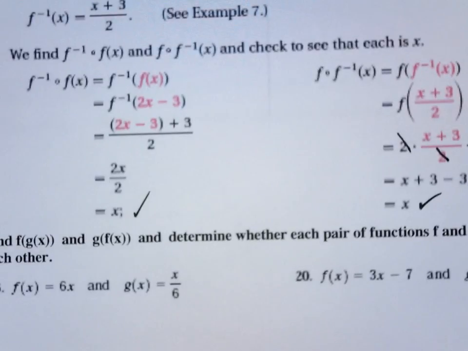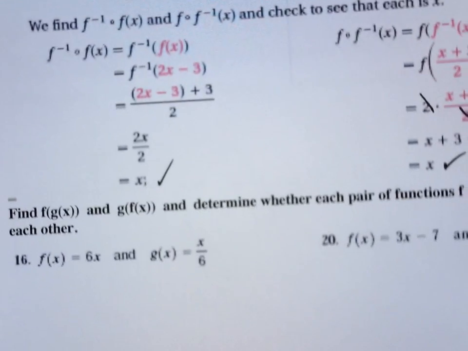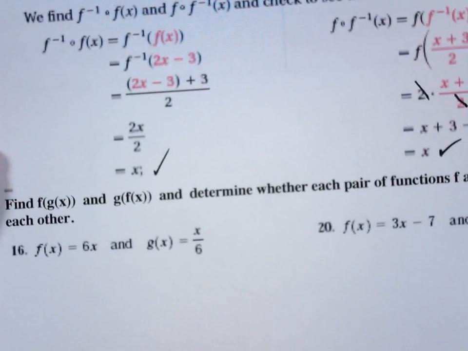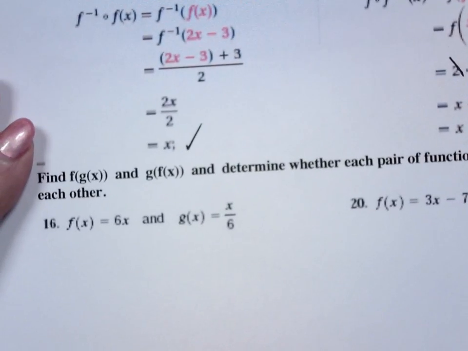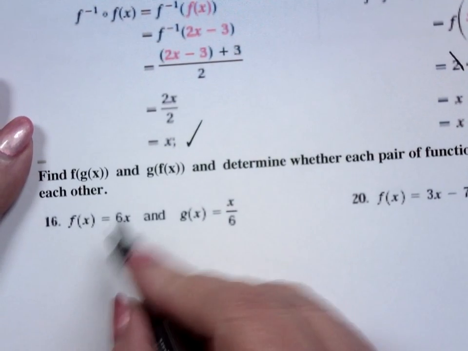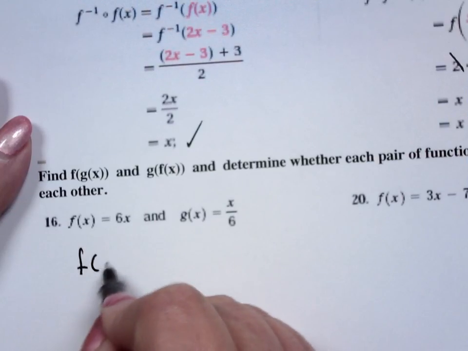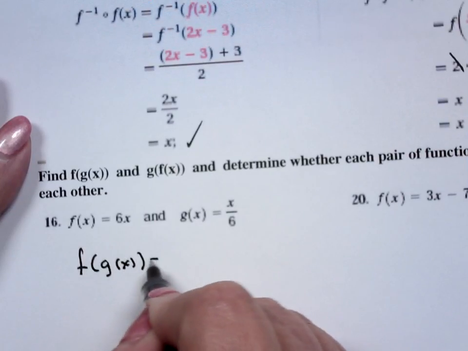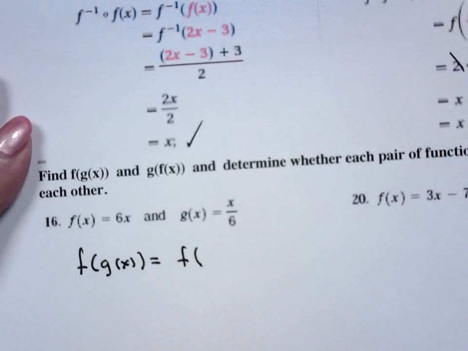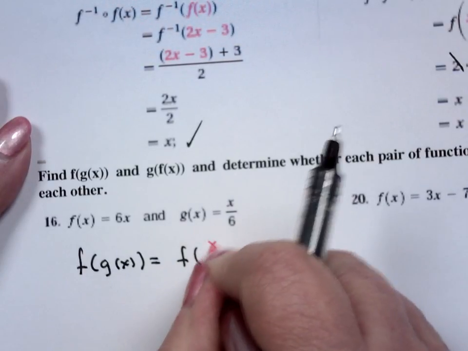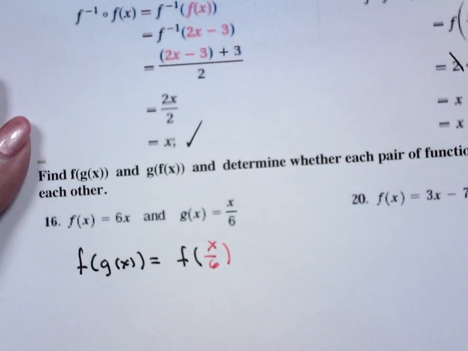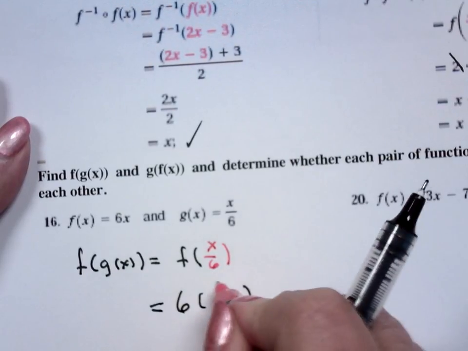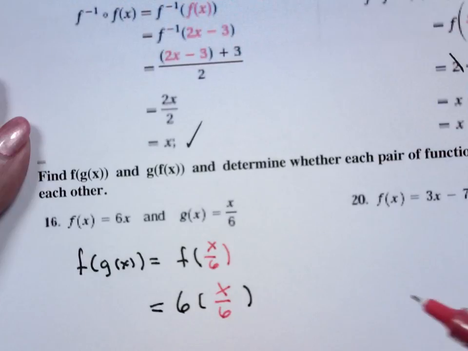So here we go. Verify, check to see whether or not these guys are inverses. F and g. So I'm going to check f of g of x, which is f of g is x over 6. So that says in the function f, wherever there is an x, I take the x out and I put x over 6, reduce out.